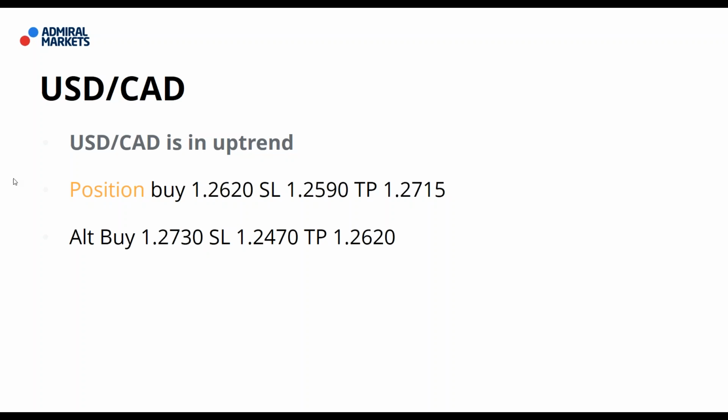Let me just correct this slide. So, okay, alternative sell is 27.30. Stop loss is 27.70. 26.20 TP.